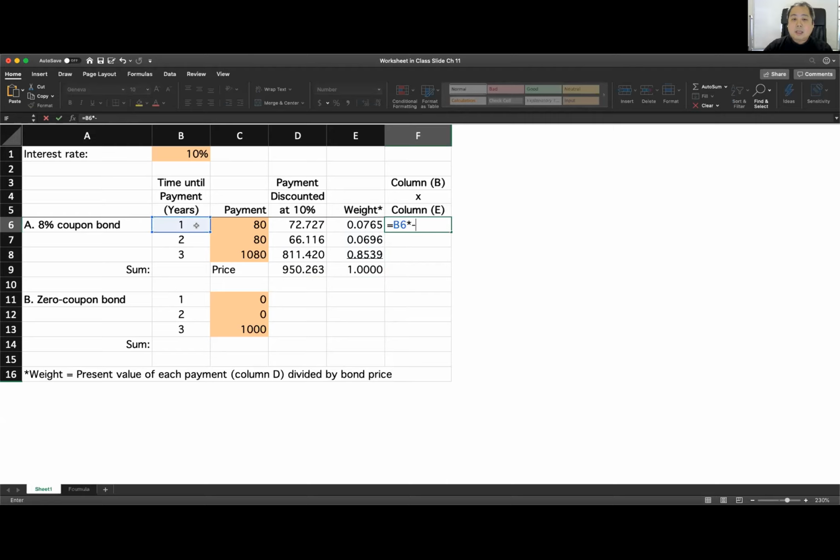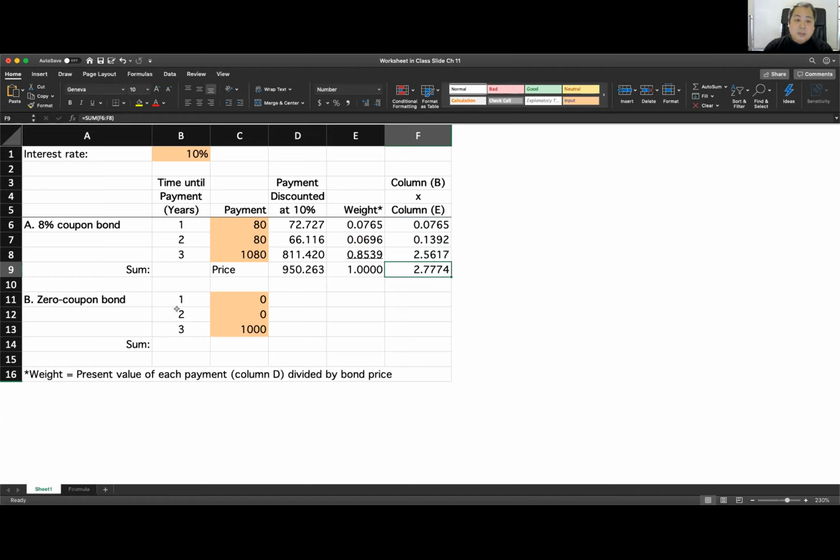First year times its weight, second is time 2 times this weight, and third is time 3 times this weight. If you add them up, that will be the duration. So duration is 2.7774 years, about 2.78 years, the effective maturity of this bond.